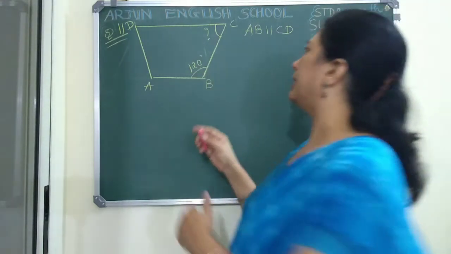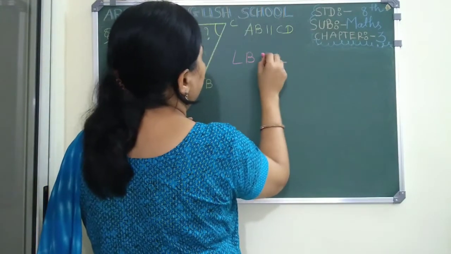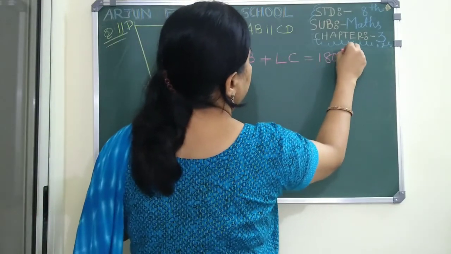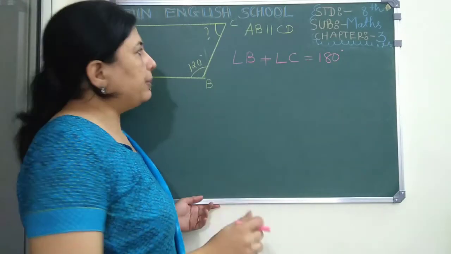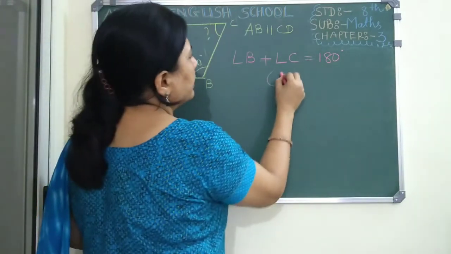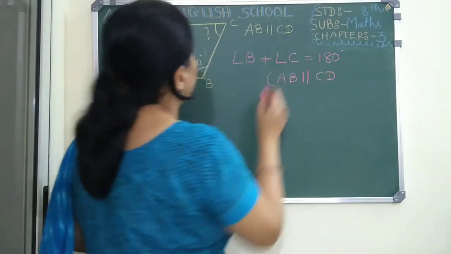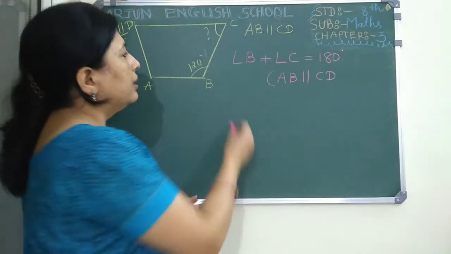So we can write here: angle B plus angle C is equal to 180, because both the angles are supplementary. And we can write here also this way: AB parallel CD and BC is its transversal.